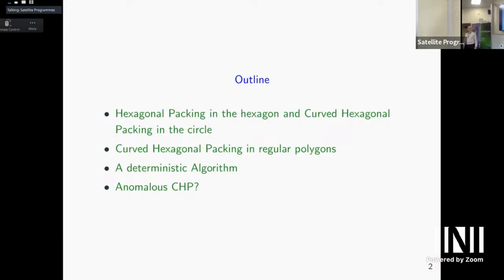That is something we found out. And I will describe an algorithm which I call the deterministic algorithm, because we started this work doing computational programming, but at the end we found a way to crack the problem deterministically. So I will show you that. And finally, a few examples that don't fit this curved hexagonal packing classification, but are still interesting.